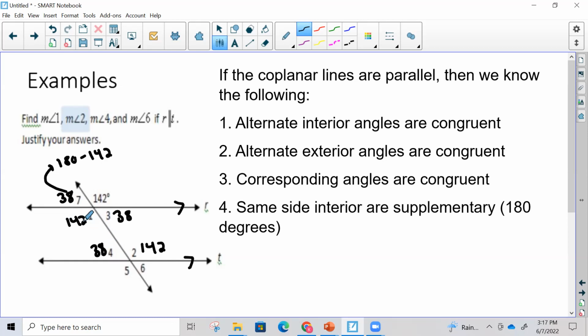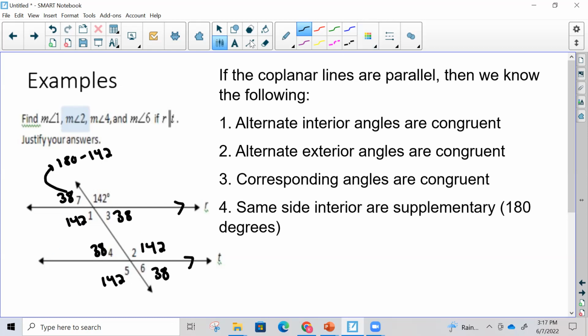So you could also do 180 minus 142 to get 38. And then 6, again, you could use the vertical angle, so it's 38. You could also say 6 is corresponding to 3, so they're equal. And then angle 5 is 142. Again, it's corresponding to 1 or it's vertical.